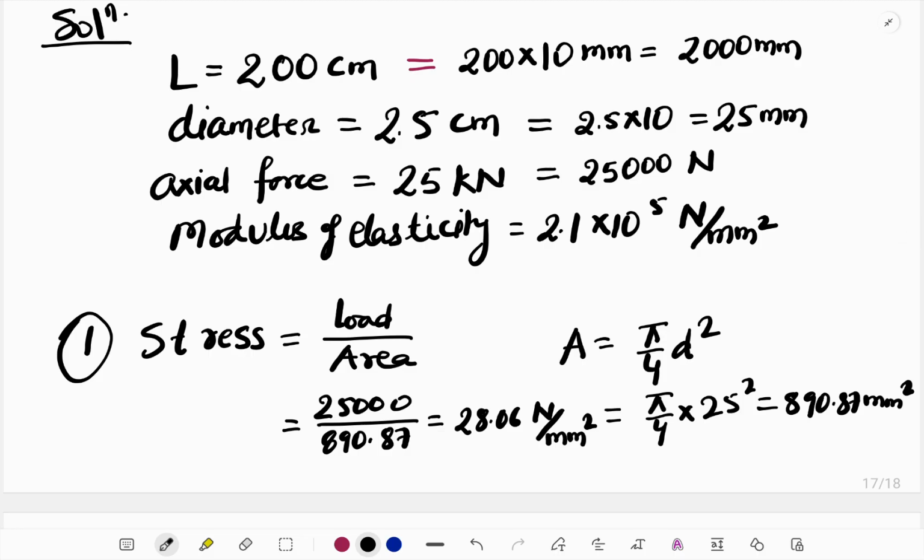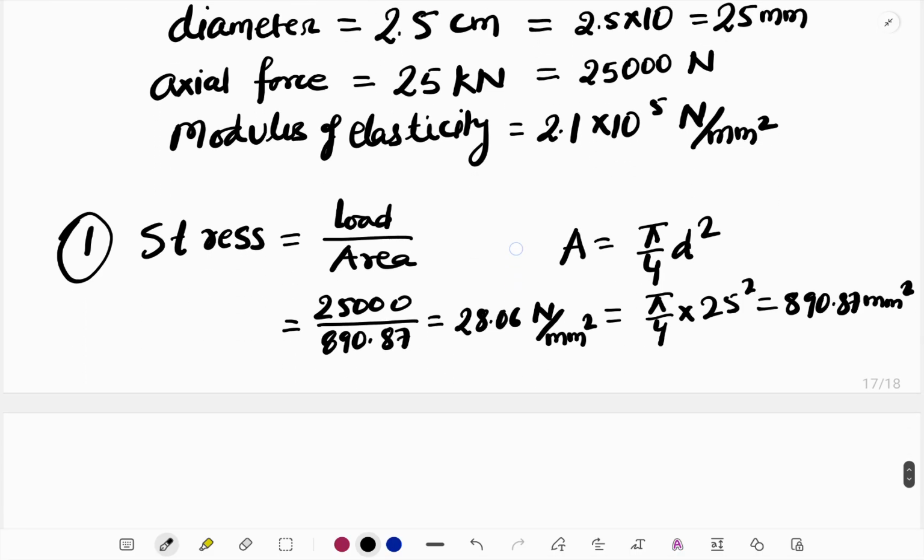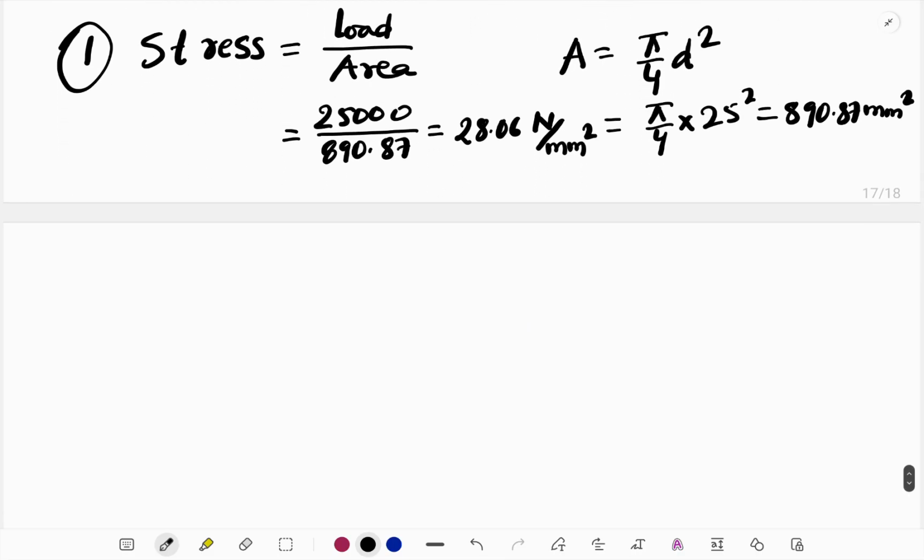Next, the second part is the strain. How do we calculate the strain?